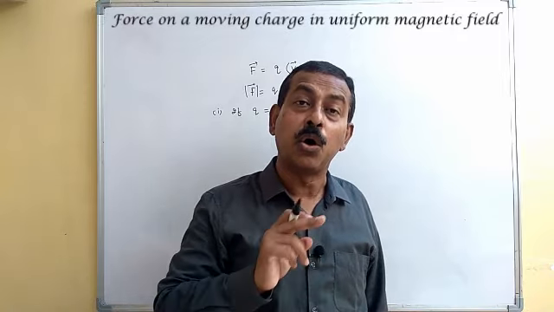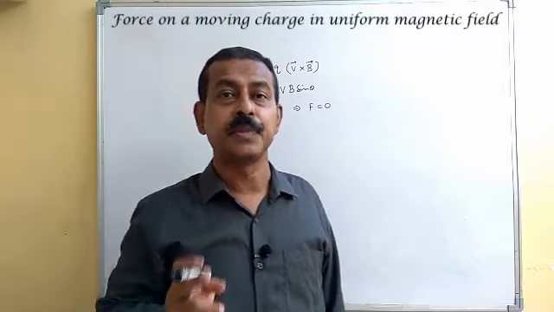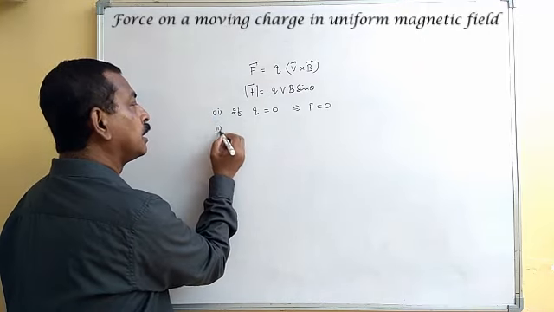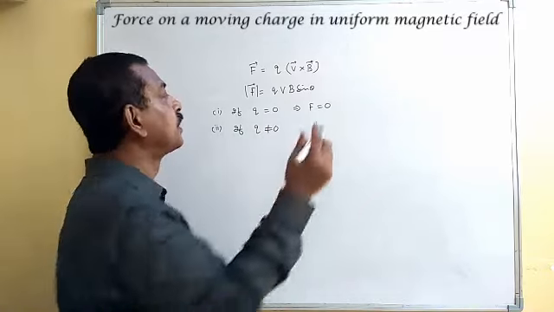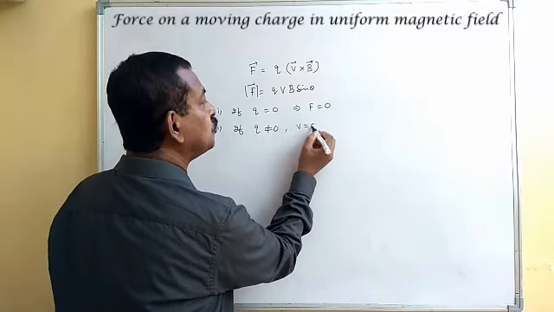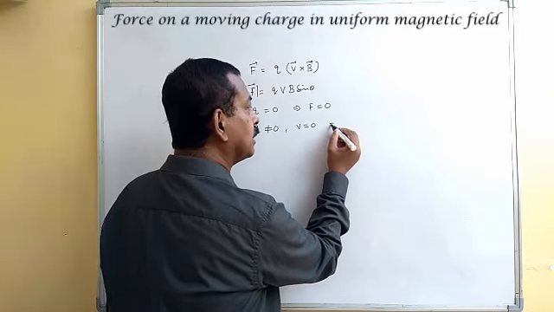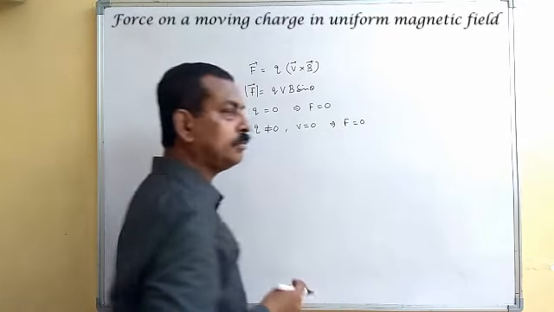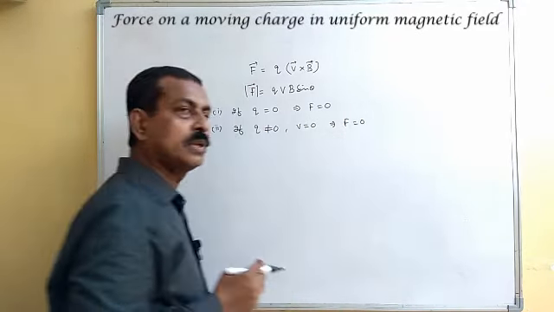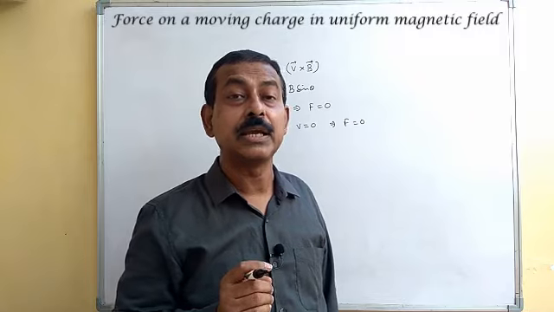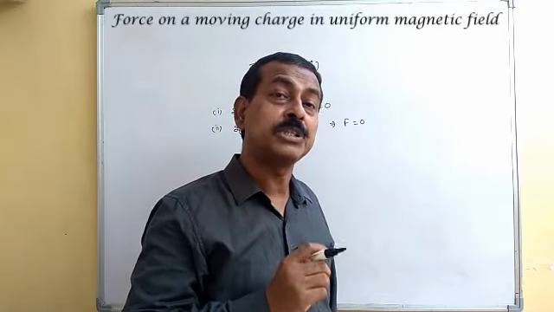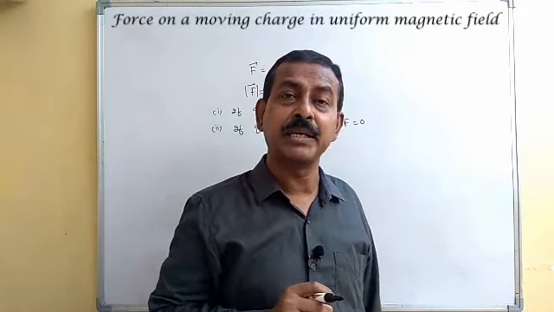Now, does it mean all charged particles will experience force? Let's see. If Q is not 0, it is a charged particle, but V is 0, then again the force will be 0. That means a charged particle at rest will also not experience any net force due to a magnetic field. Is it that all moving charged particles will experience force in a magnetic field? A static charge will not experience force.